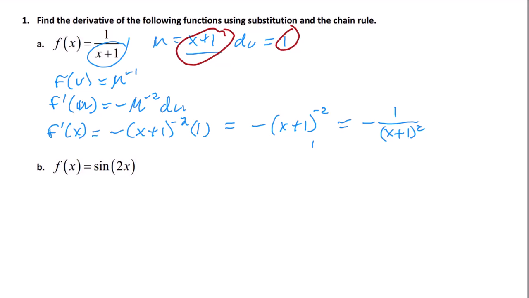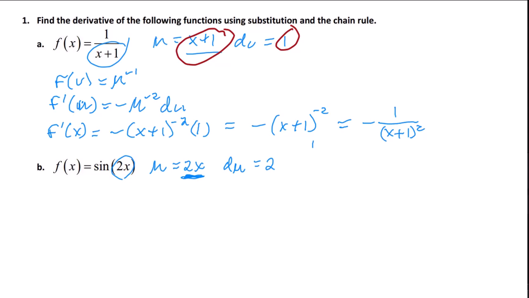Now I've got the sine of 2x. Before, we've worked on the sine of just x. I can say, all right, what's the inside part here? Well, it's 2x. I'm going to let u equal 2x. Well, what's the derivative of u? 2.